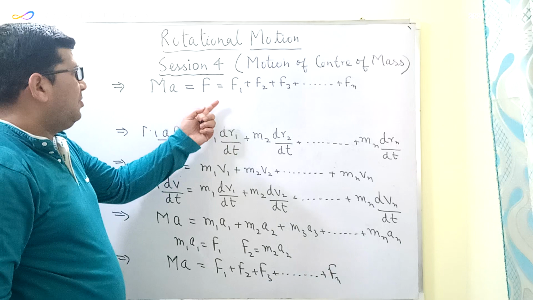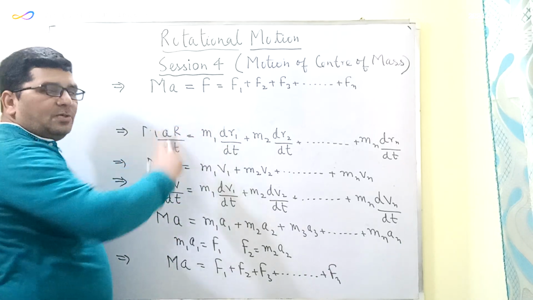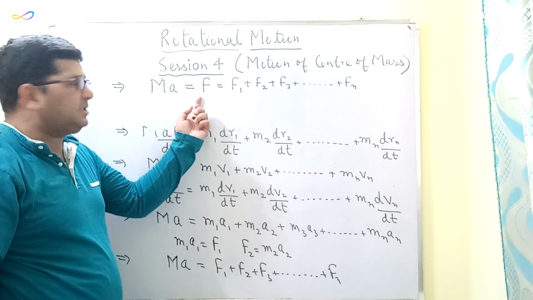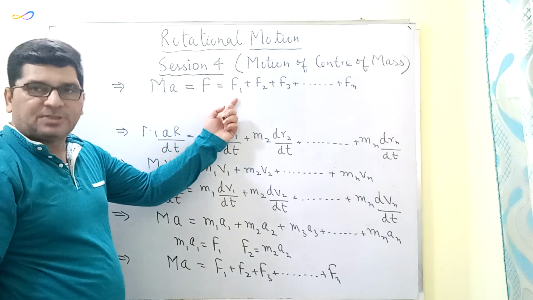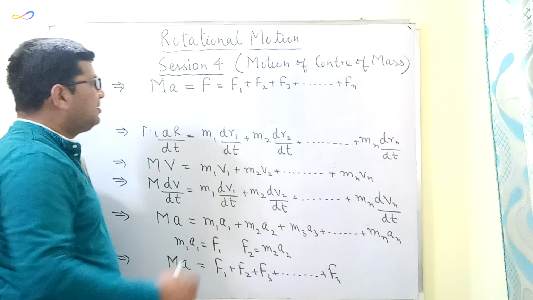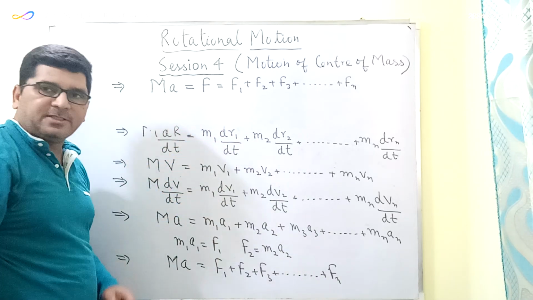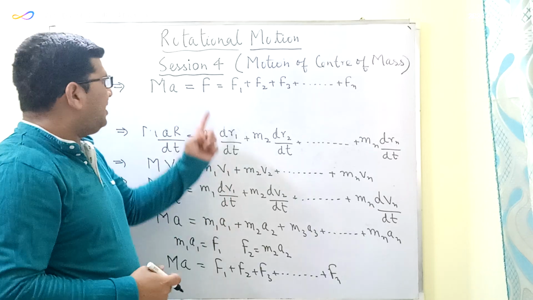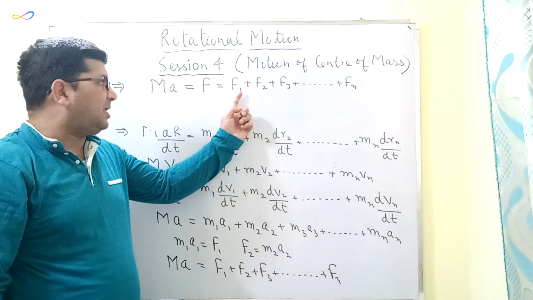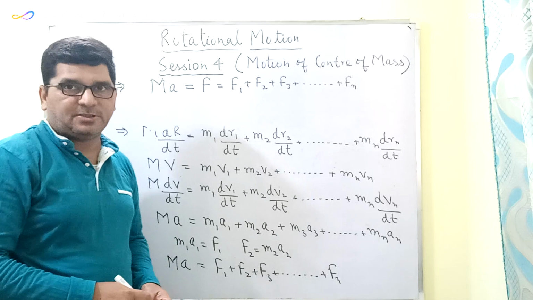So from this equation we can see that the force acting at the center of mass is the sum of the forces acting on the individual particles. What is F? This is the force acting at the center of mass, and this is equal to the sum of the forces acting on the individual particles comprising that system.